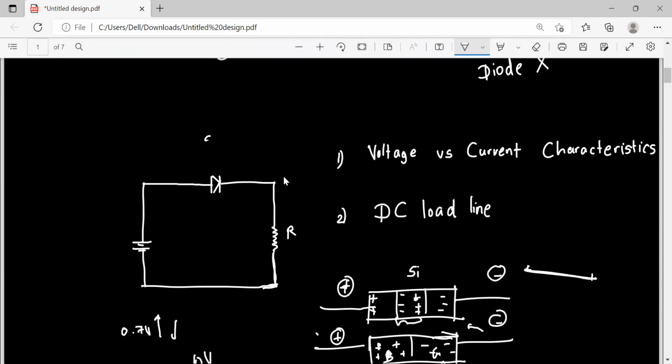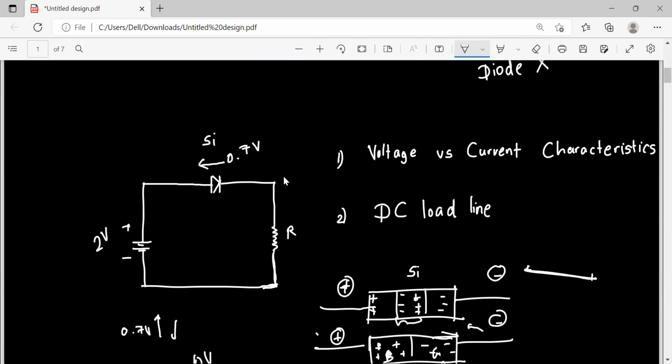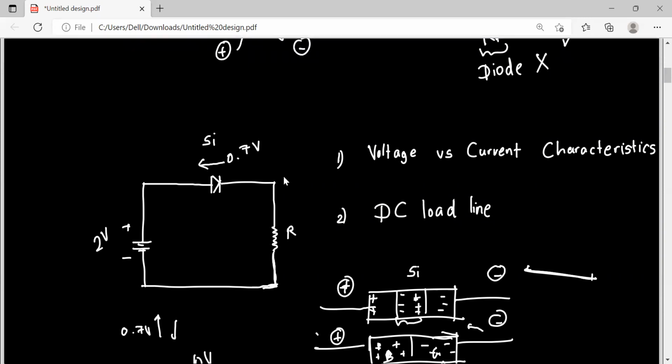Across this silicon diode it can only use 0.7 volt. So what's going to happen to the remaining 1.3 volts?